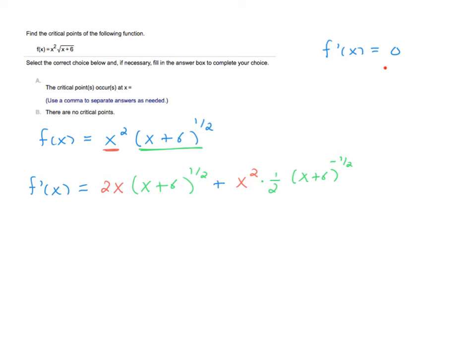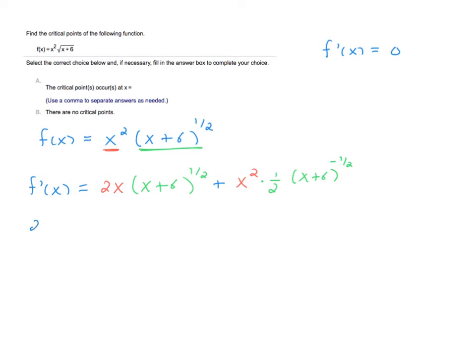I think if you want to solve where this thing is equal to 0, it would be a good idea to simplify this expression. And that's what I'm going to do next. So to start with, I won't copy down the f prime of x. I'm merely just going to simplify this and set it equal to 0 and hopefully solve for x.